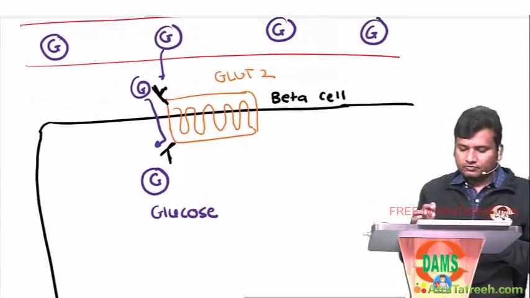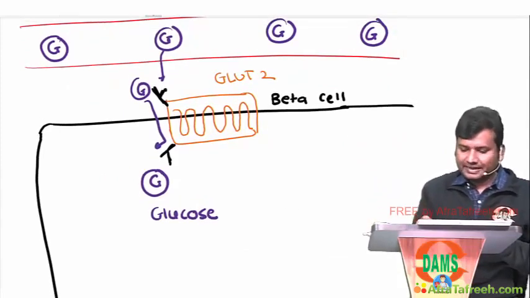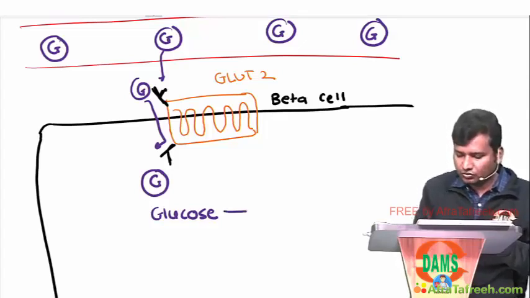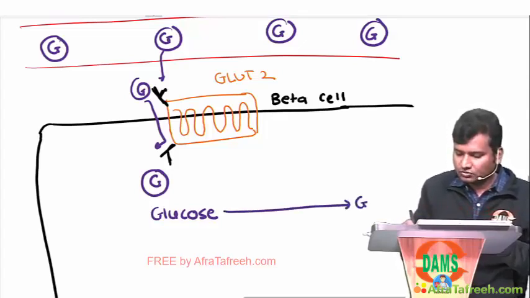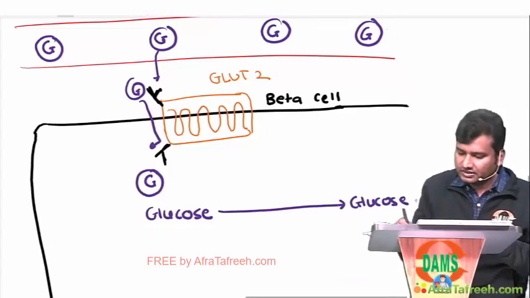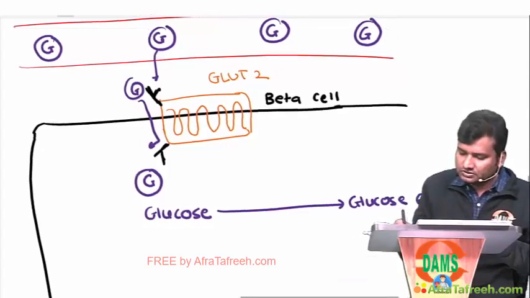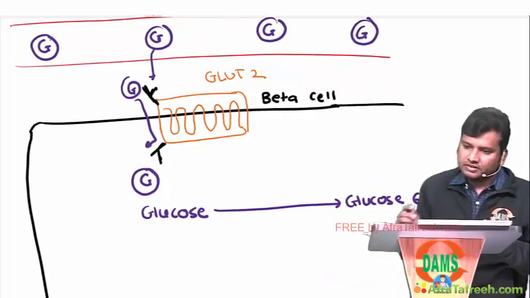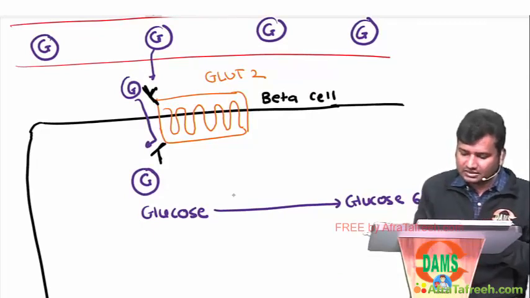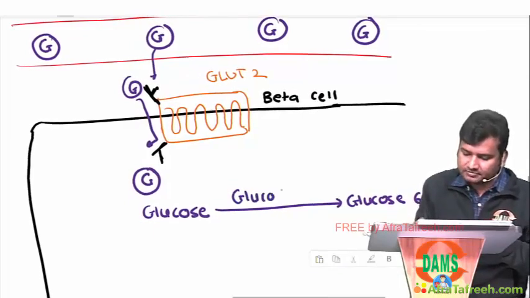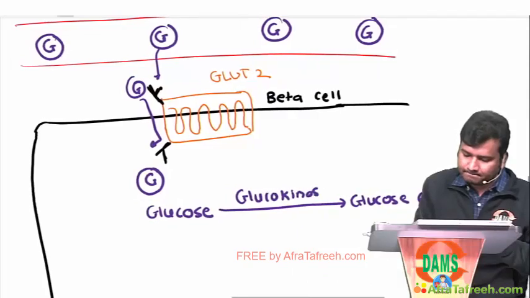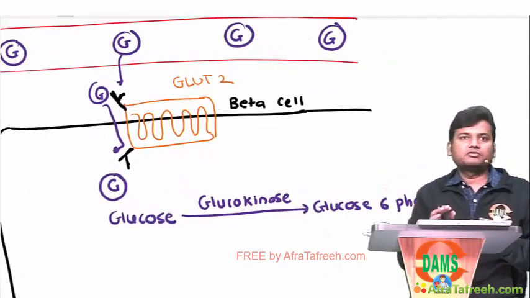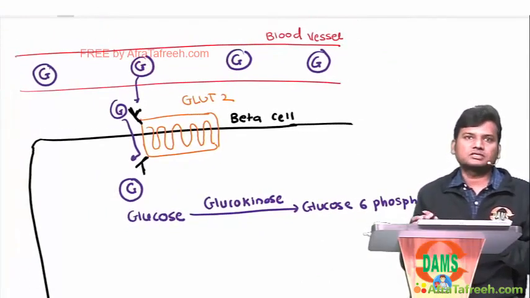Now, once this glucose enters in beta cell, this glucose is converted to glucose 6-phosphate by the enzyme glucokinase or hexokinase. What is the importance of conversion of glucose to glucose 6-phosphate?